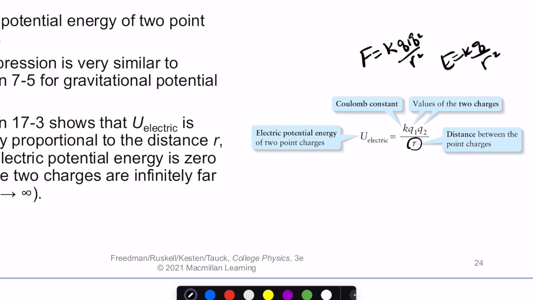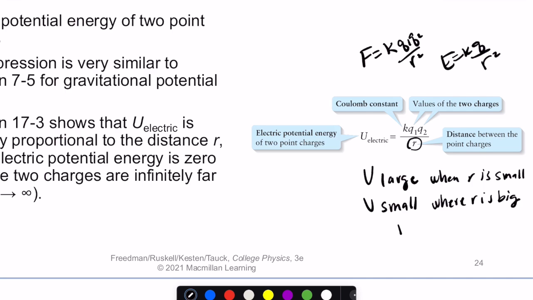The denominator, R. So the potential energy between two particles is going to be large when R is small, right? That's that inverse proportionality. Potential energy can be small when R is big.